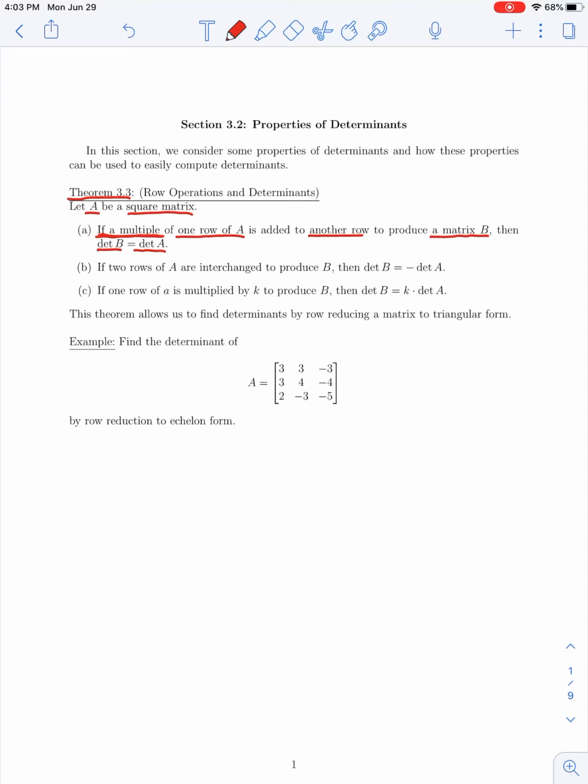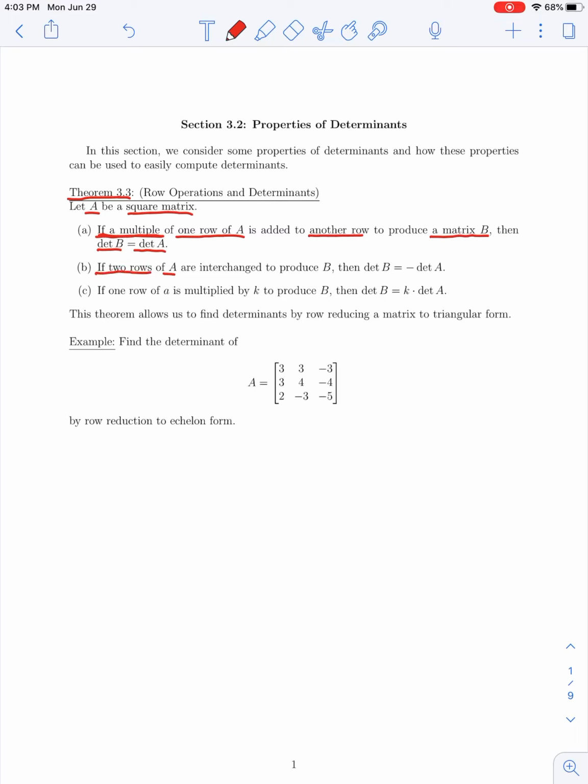So I can add or subtract scalar multiples of two rows of a square matrix, and the determinant of the new matrix that I get will be the same as the one before I perform that row operation. Now the second type of row operation we can perform is interchanging two rows.